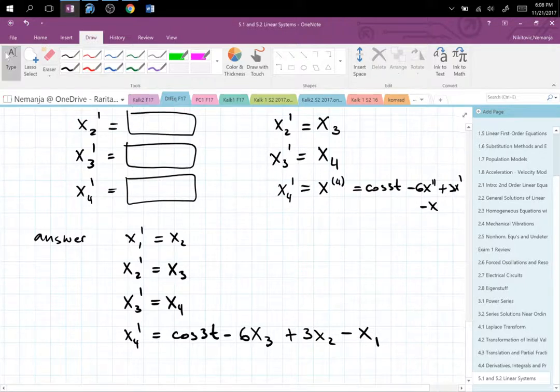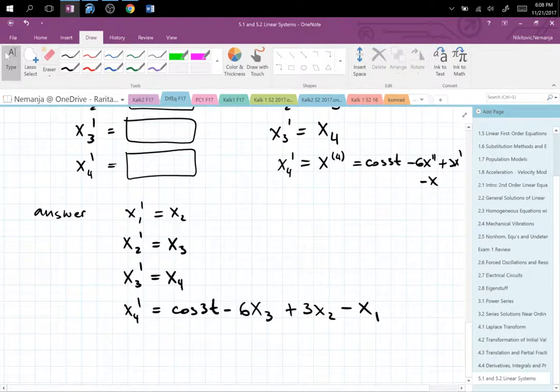And there it is. So you see that the fourth order differential equation produced the fourth order system of linear equations.